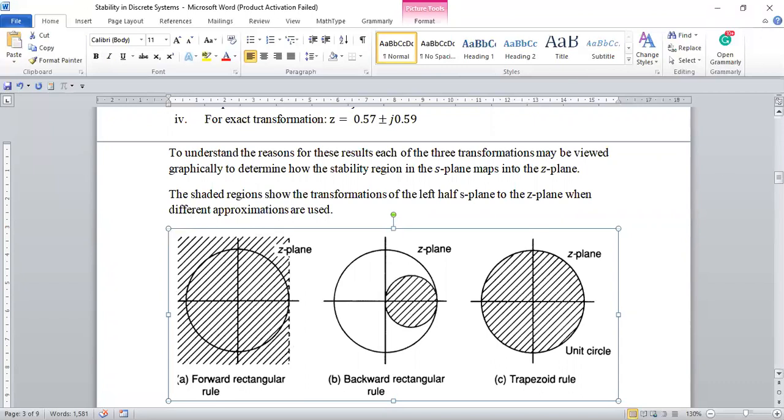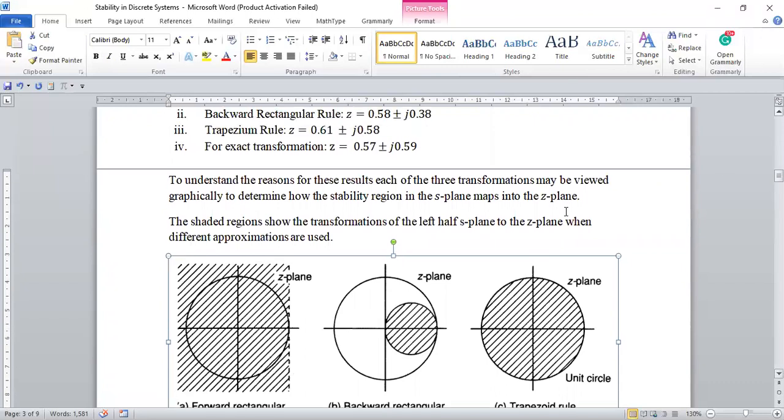For the backward rectangular rule, the approximation it gives is a circle within the unit circle from 0 to +1. So this is the region of stability when it's approximating using the backward rectangular rule. But this is our global region of stability with the unit circle.